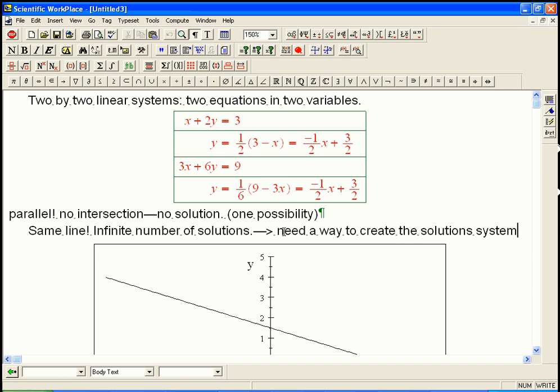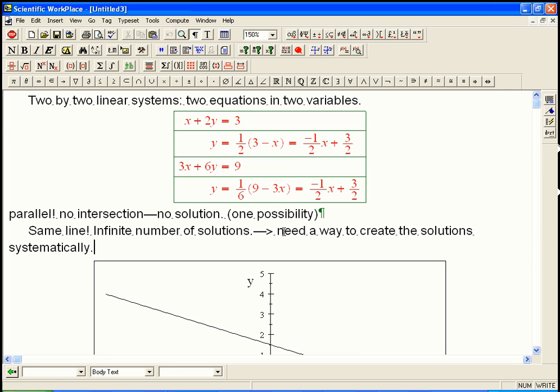This is going to be especially important when we get to a 3x3 system or bigger. In 2x2, if these are the same equation, they contain exactly the same information, so I don't really need to use both of them. And then what I've done here is a perfectly good way to make it very explicit, because here I can put in any x I could possibly imagine, and then the corresponding y is determined.